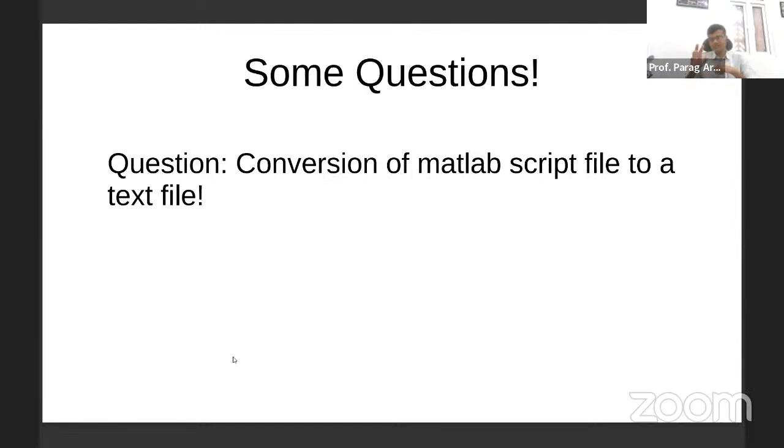Furthermore, if you want to run compilers and associated languages in Linux, if you want to run a text file directly in MATLAB, again that's going to create problems. The file name is important, but we must understand the file extension is equally important. The file extension for MATLAB is .m, and you should use .m as the extension, not .txt.